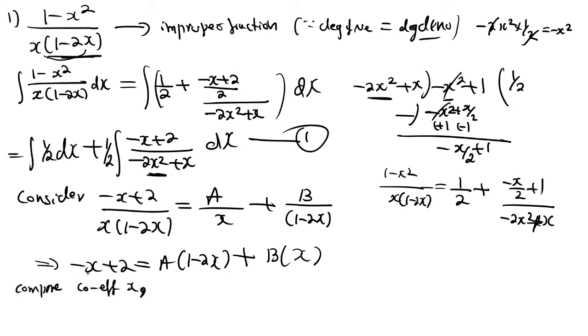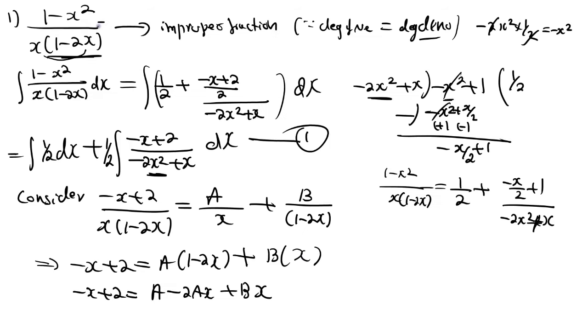What is the coefficient of x here? You can write it as minus x plus 2 is equal to a into 1 is a, a into minus 2x is minus 2ax, plus bx. Now we need to find the a and b values.